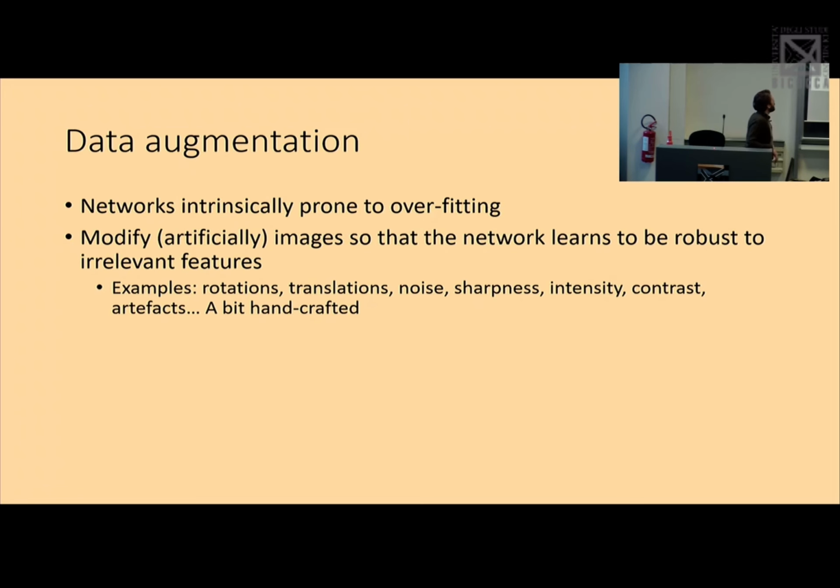Now, let me just briefly touch on the topic of data augmentation. We know that neural networks are intrinsically prone to overfitting, especially when your data set is limited and your network is very high dimensional. You have lots of parameters.